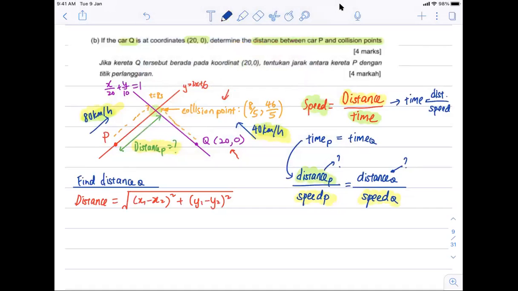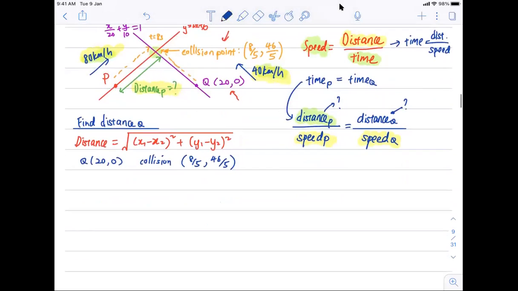So we want to find the distance between these 2 points, Q, which is (20, 0), and the collision point, which is (805, 4605).